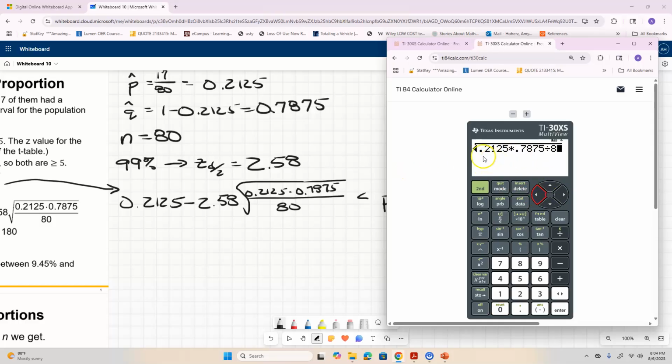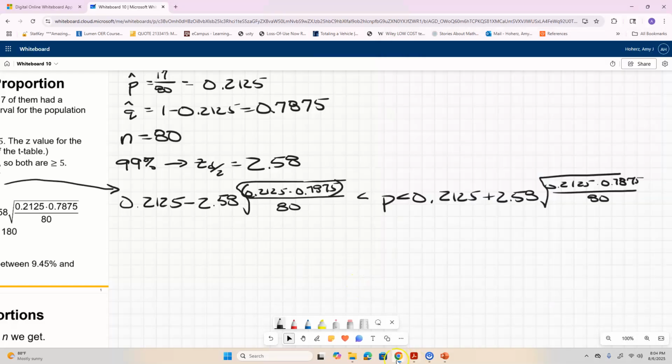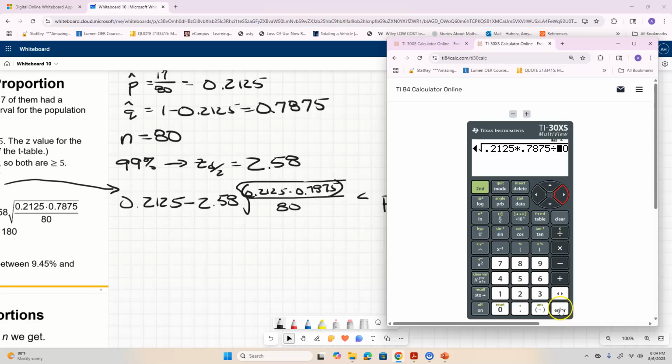In this case, it doesn't matter that we're not putting parentheses around the top because order of operations would do that anyway, but you could also put a parenthesis in front of the 0.2125 and end it after the 0.7875 to show that this part is on top, but it's not necessary in this case. Okay, so what does that give us? That gives us 0.1179. So we're going to need to round that to 0.118.